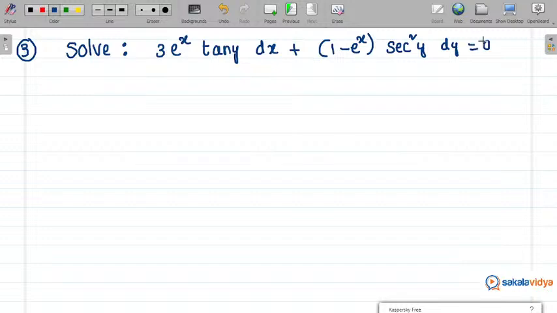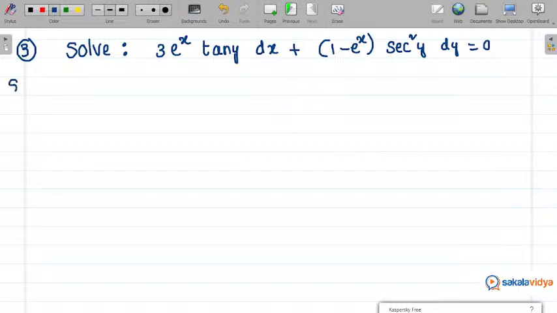If you observe the given differential equation, actually it looks like it is in the form of f of x dx plus g of y dy is equal to 0, but it is not directly like that. But by applying some mathematical manipulation, it can be put exactly as f of x dx plus g of y dy is equal to 0. By integrating on both sides, we get the general solution of the given differential equation. Okay.